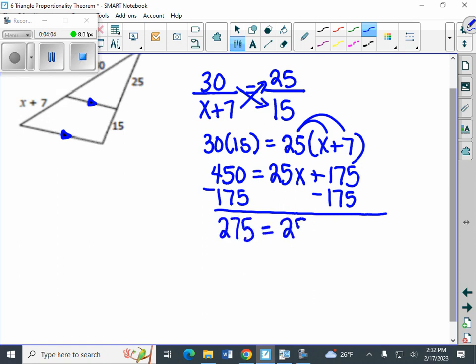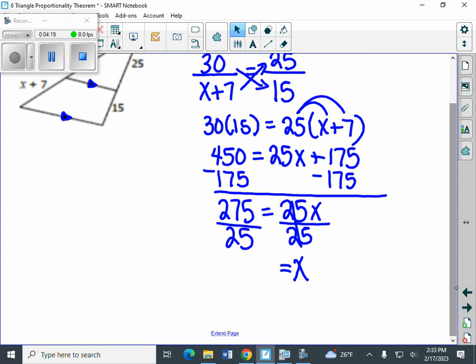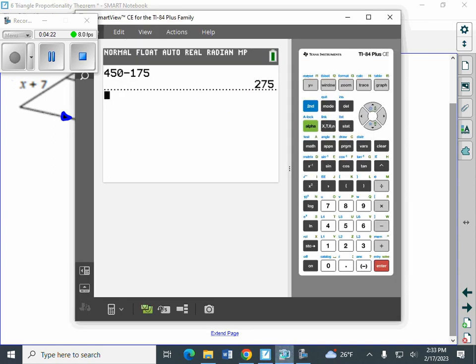That equals 25x. And once again, what we're trying to do is solve for x. So we're going to divide both sides by 25. And we'll type that into the calculator. 275 divided by 25 gives us 11.